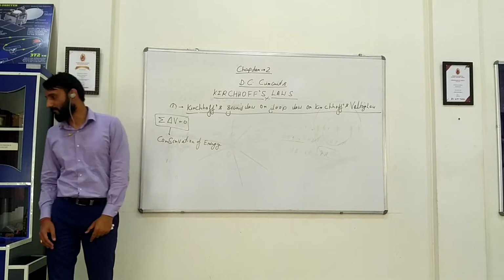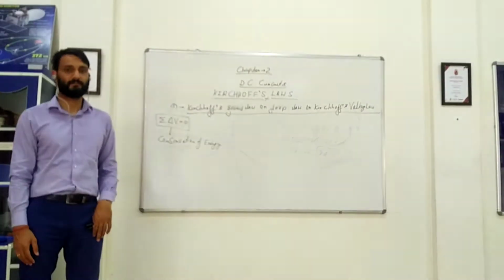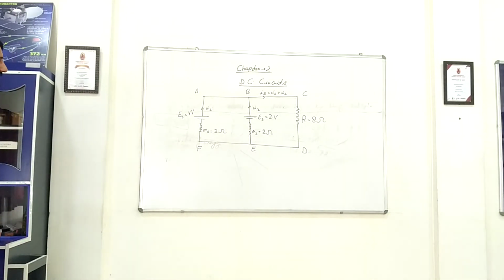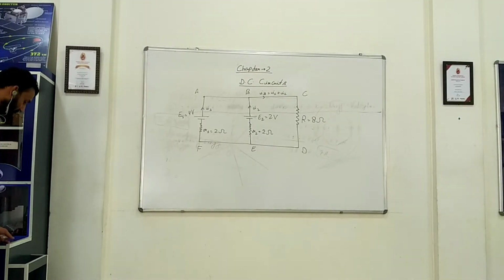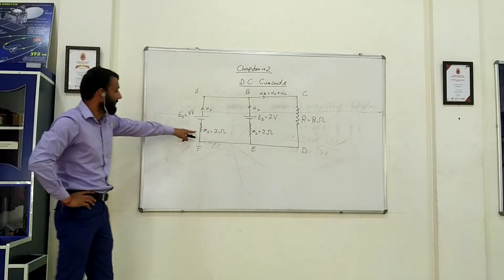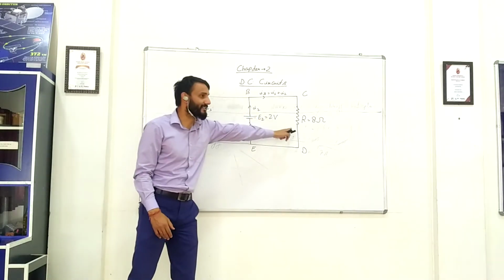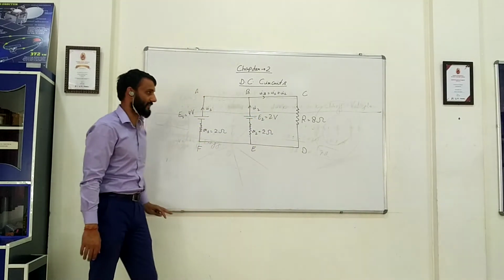Now let's begin with some questions. So this is the question, and you can see in the diagram I have two cells of EMF E1 4 volt and EMF E2 2 volt, and these are the internal resistances of these cells, and this is the external resistance connected in the circuit.